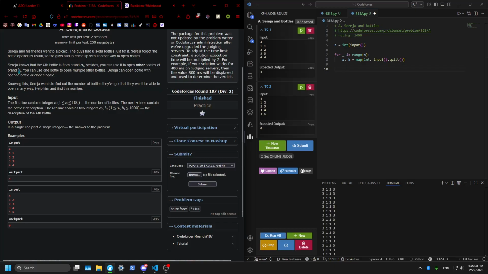You can use it to open B_i, one bottle to multiple bottles. What does this question say?